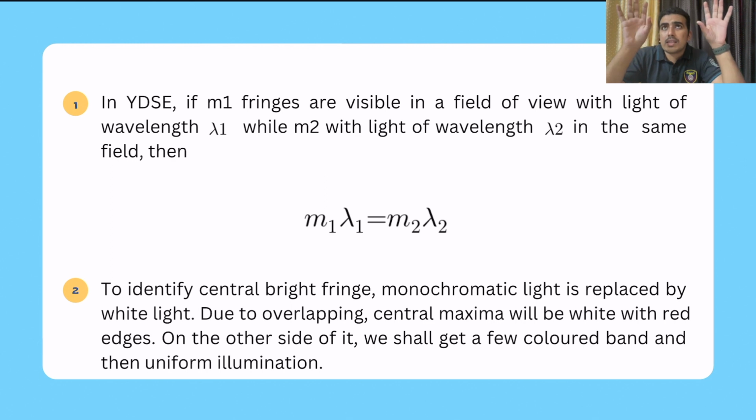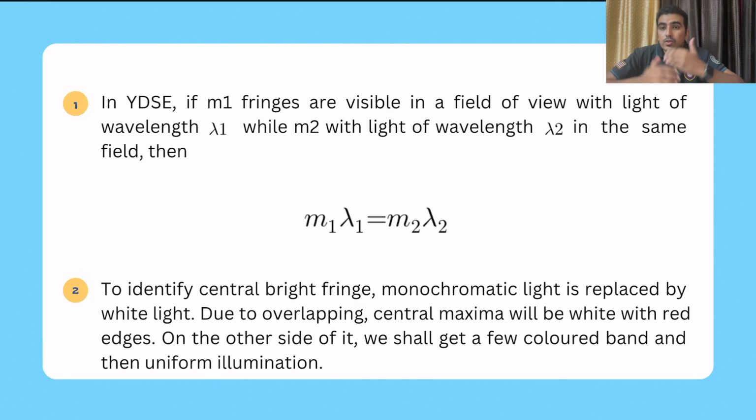If, for example, M1 fringes are formed when you use the first wavelength lambda 1, and M2 fringes are formed when you use another wavelength lambda 2, provided all other physical parameters are the same, then you can write the condition M1 lambda 1 equal to M2 lambda 2. It's a very important relation.